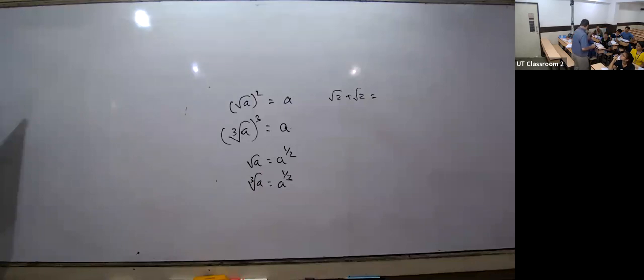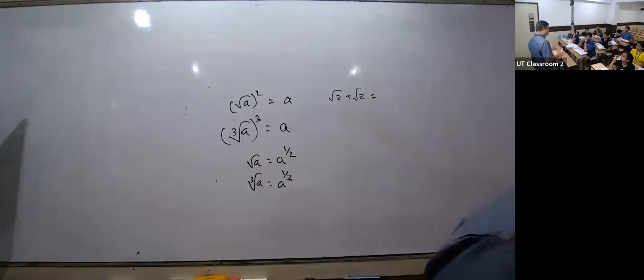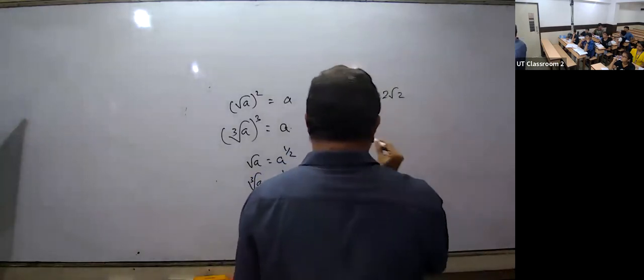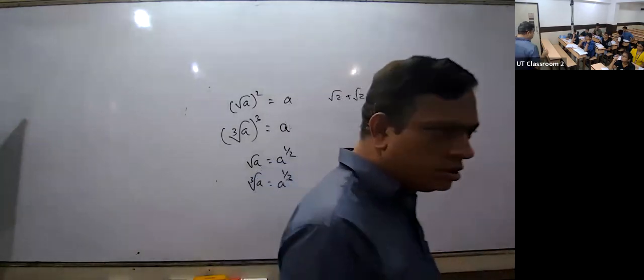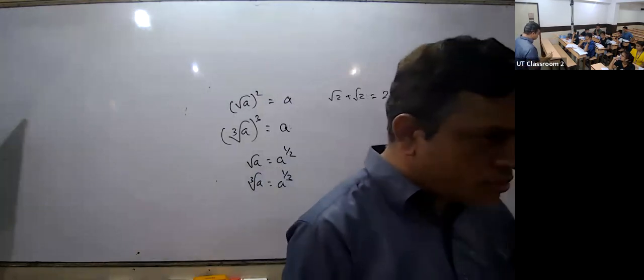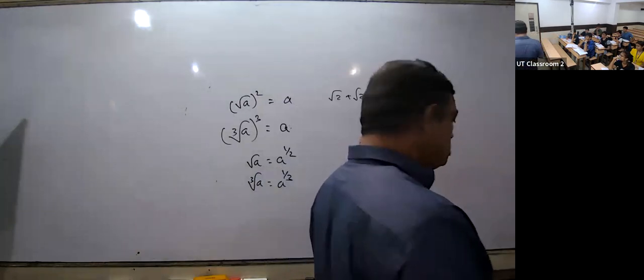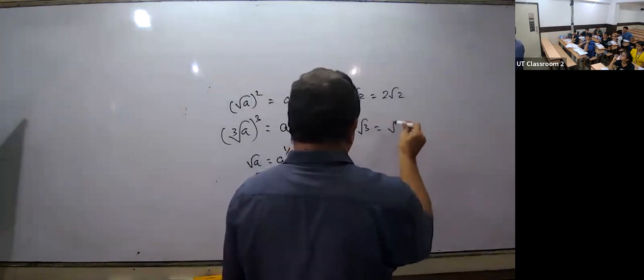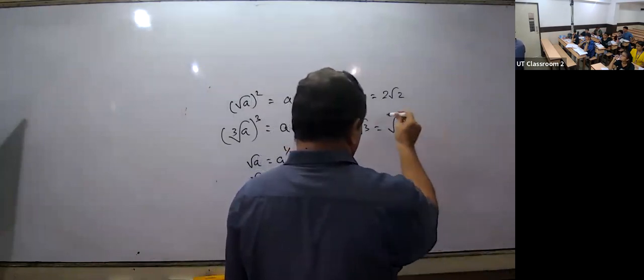Root 2 means 1 root 2. 1 root 2 plus 1 root 2 is how much? 2 root 2. Can you write this as root 4? You cannot write root 4. Can you write root 2 plus root 3 is equal to root 5? True or false? False. This is wrong.